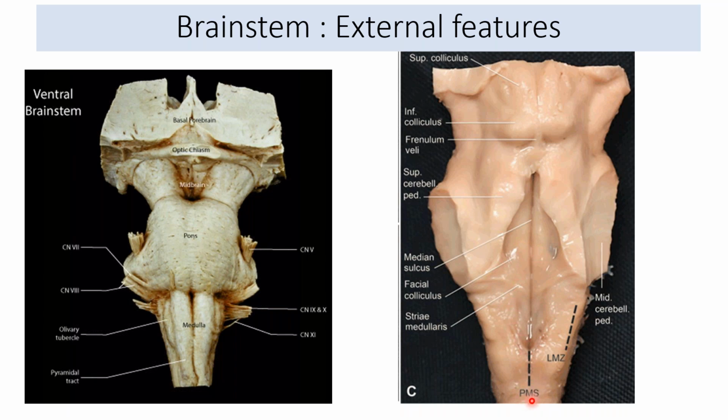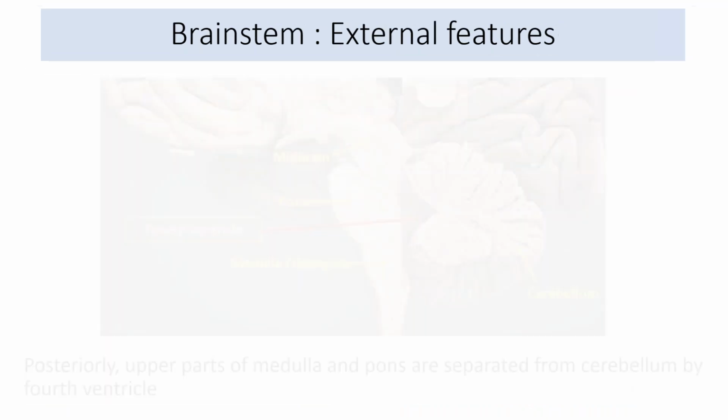The midbrain portion will appear in the form of the tectum, which has the superior colliculus on both sides and the inferior colliculus on both sides. The superior and inferior colliculus will demarcate the region of the midbrain. The upper part of the fourth ventricle will be the area of the pons, and the lower part of the fourth ventricle will be in relation to the upper part of the medulla, while the lower part of the medulla will be closed.